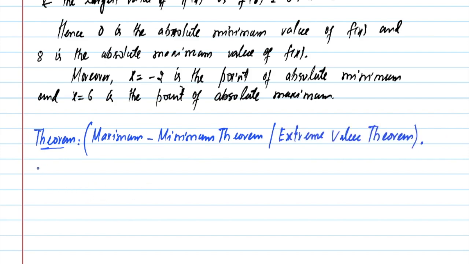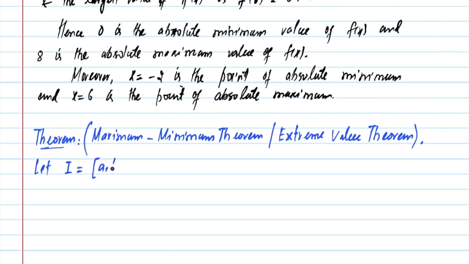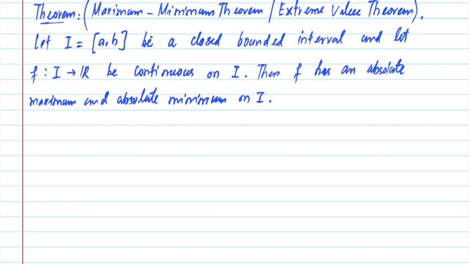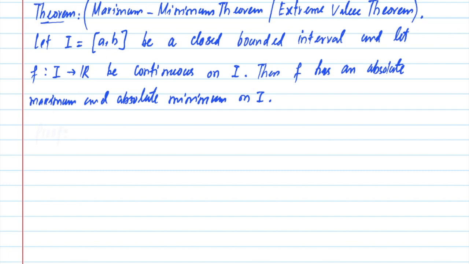This theorem states that let I equal to the interval [a, b] be a closed bounded interval, and let f be a function defined from I into the set of real numbers, continuous on I. Then f has an absolute maximum and an absolute minimum on I. Now let's take up the proof of this theorem.